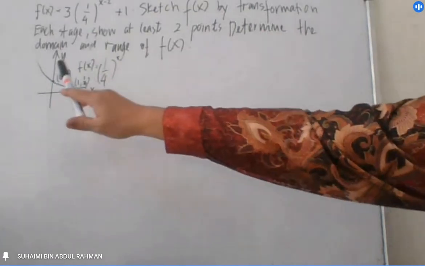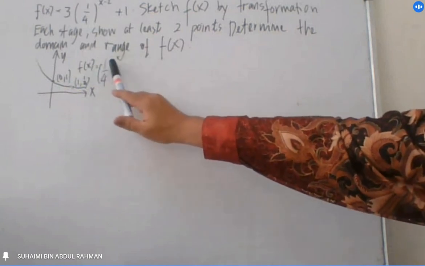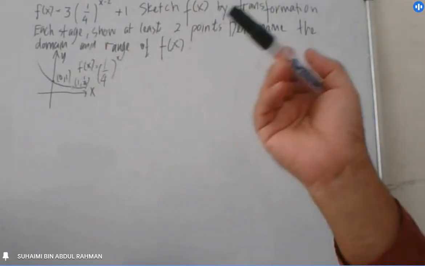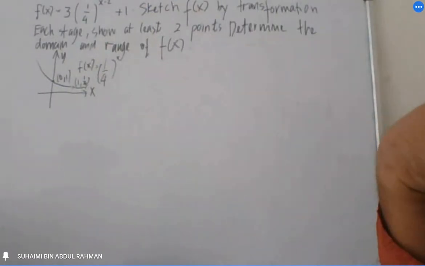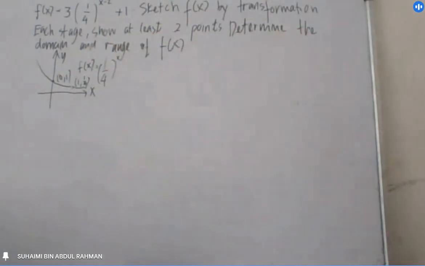And also when we substitute x with 0, we get (1/4) power of 0, which is 1. Understand why we get those 2 points? These points are already given. So we know that the crossing of y exists where? At the point (0, 1). You get it? Any question you may ask?